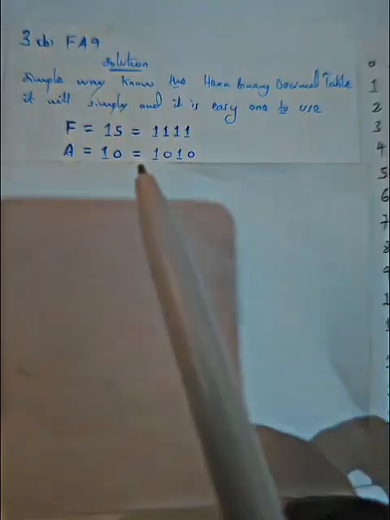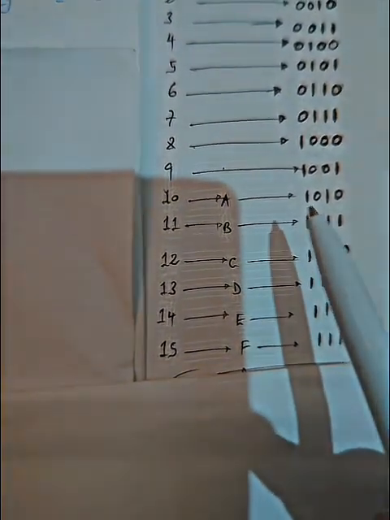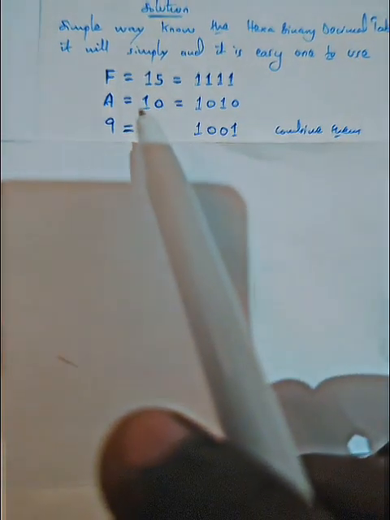As you can see, F represents 15, and in the table 15 represents F, which in binary is 1111. A represents 10, and in the table 10 represents A, which is 1010.